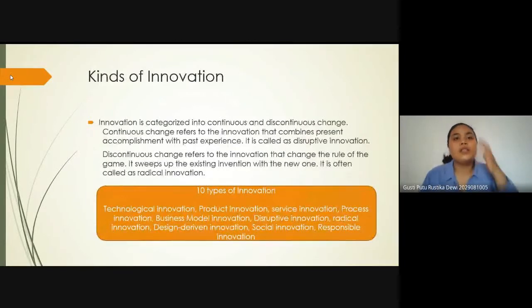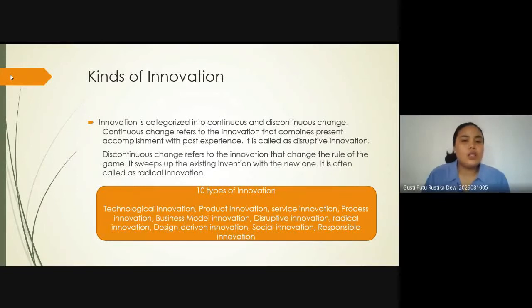Okay, next is kinds of innovation. So actually, innovation is categorized into two streams. The first one is continuous change, and then the next one is discontinuous change. So in continuous change, the innovation combines present accomplishment with the past experience to generate new or improved product, and it's generally called as disruptive innovation.